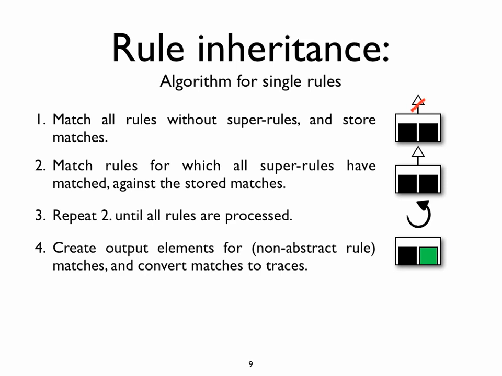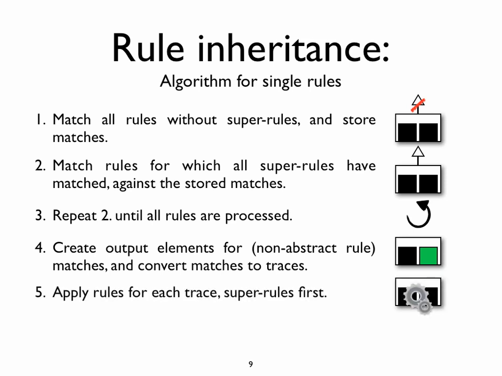So what we can do then is create output elements for all these matches and convert the matches to traces, where we can say, okay, these are the output elements that go with these input elements. And once we've done that, we can apply the rules for each trace starting from the super rule. So that means that sub-rules can override the behavior, the application behavior of super rules.